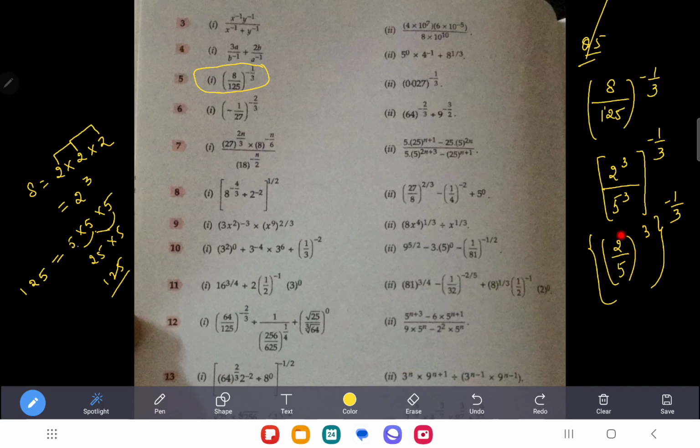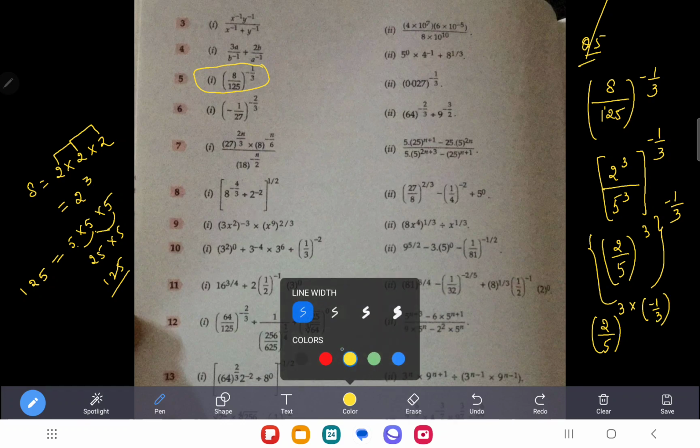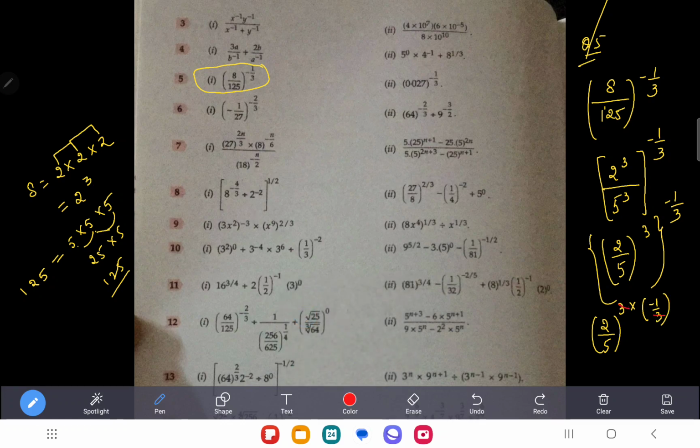That would mean 3 is the power of 2 as well, and 3 is the power of 5 as well. And that means 2 over 5 raised to power 3 into minus 1 over 3, and that cancels because power into power cancels out, and you will have 2 over 5 raised to power minus 1.